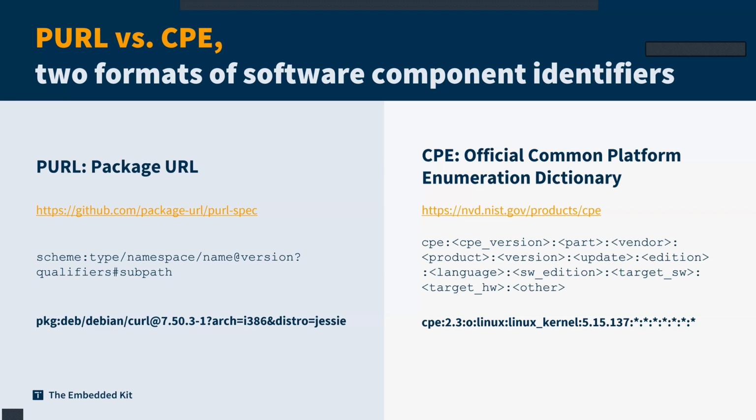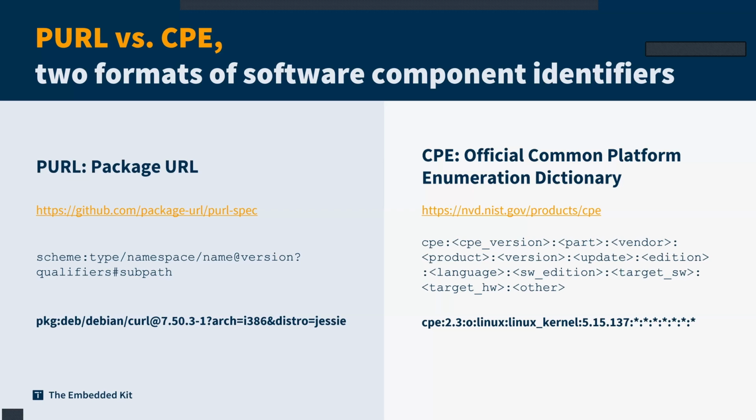On the other side, you have the CPE, which is in fact an official format coming from the NIST and the NVD database itself. So this format has been defined by the NIST organization. Everything is described in a specific documentation available on the NIST website. And the NIST keeps an official list of all available CPEs.